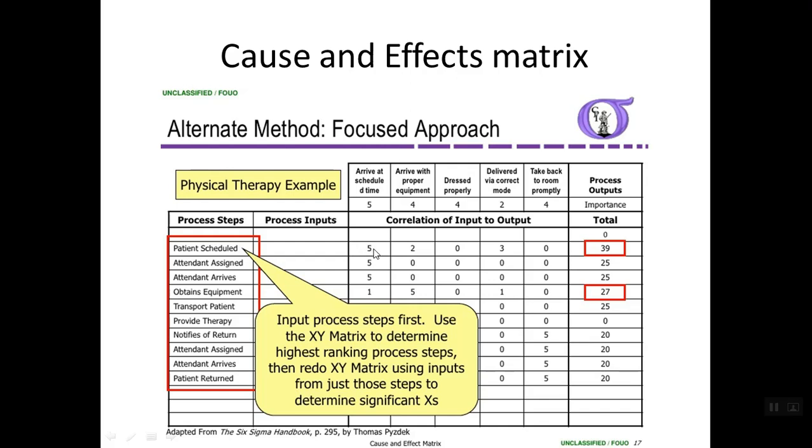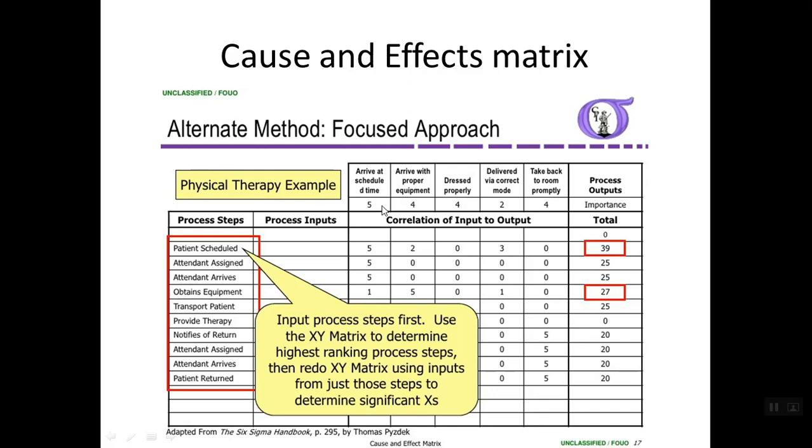Let's say you put the weightage as 5. It means the importance of this patient schedule is 5, but the arrive improper is 2. So the dress properly is only 0. So you can get that the process output is 39.